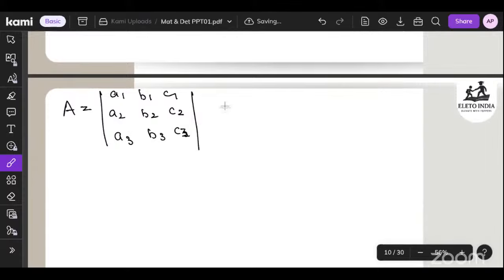Let us assume that the determinant of this matrix is some x. And then let us change the rows.